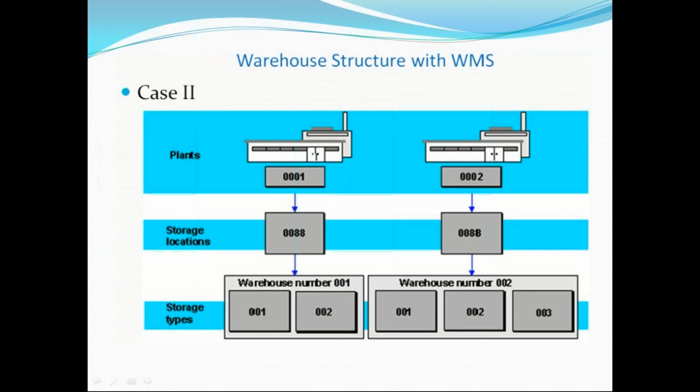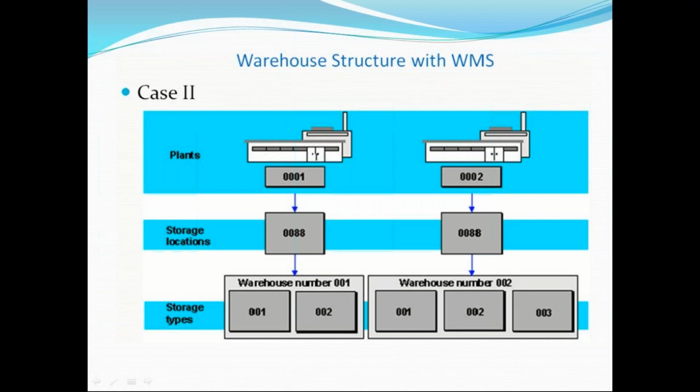As I explained in the previous scenario, plant 002 is requesting 10 drugs from plant 001. So plant 0001 will get the information that they need to supply 10 drugs to plant 002 on a particular date.